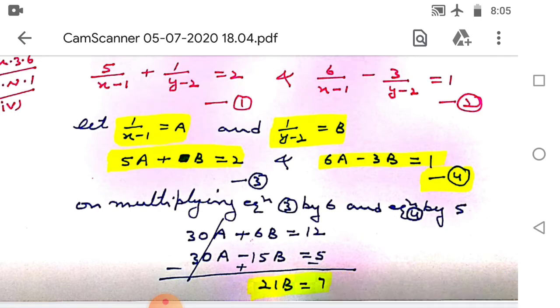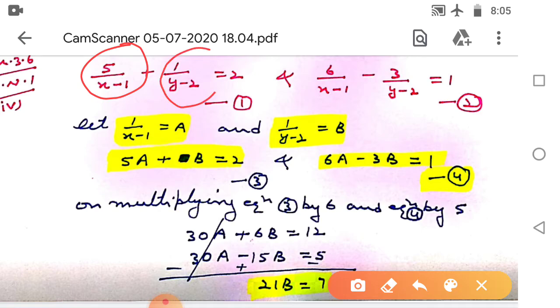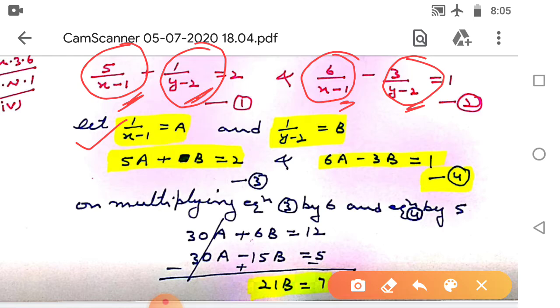Right? So when you look at these two equations, this is 1 upon x minus 1, 1 upon y minus 2, 1 upon x minus 1, y minus 2. So here x minus 1, here is also x minus 1, here is y minus 2, again here is y minus 2. Okay, so let 1 upon x minus 1 be equal to a, and 1 upon y minus 2 be equal to b.